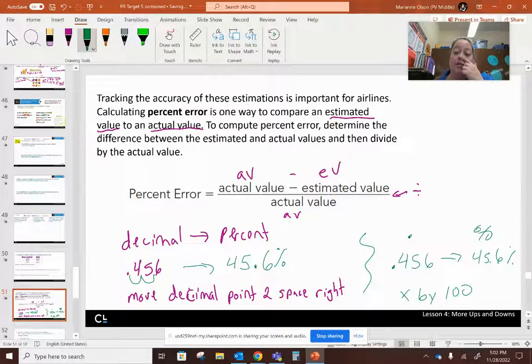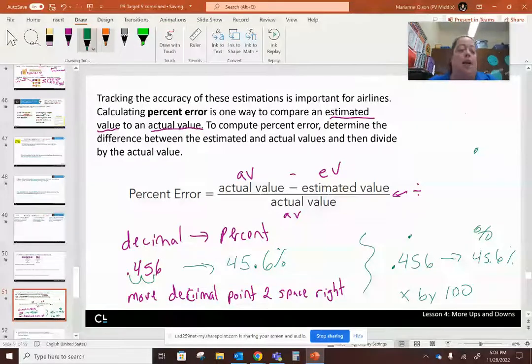So when you share an answer, it has to be in percent form. Big thing to remember, percent form has to be as a percent. Because if you say, oh, it's 0.45%, that is a big difference between 45%. Huge difference.